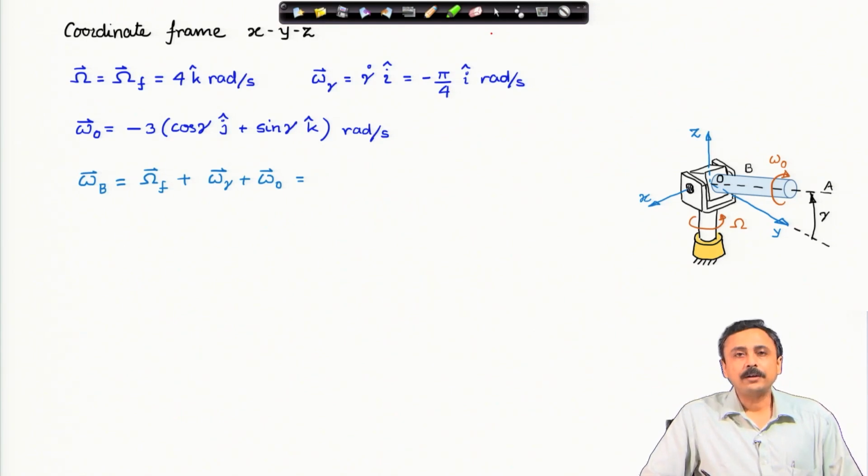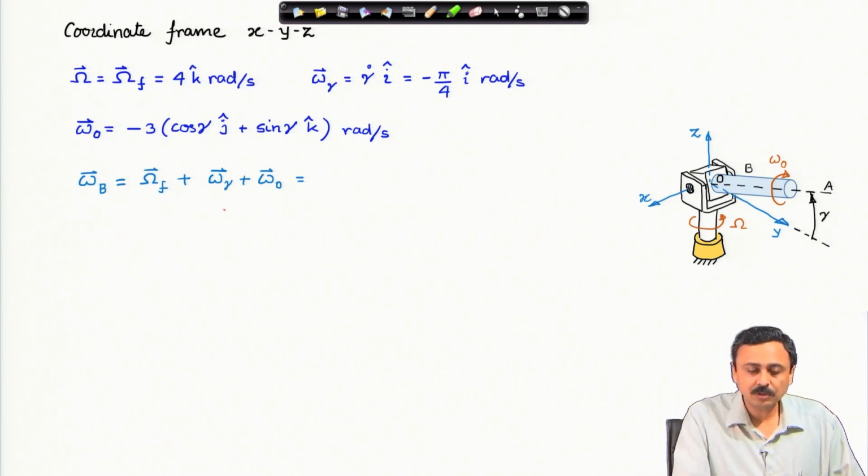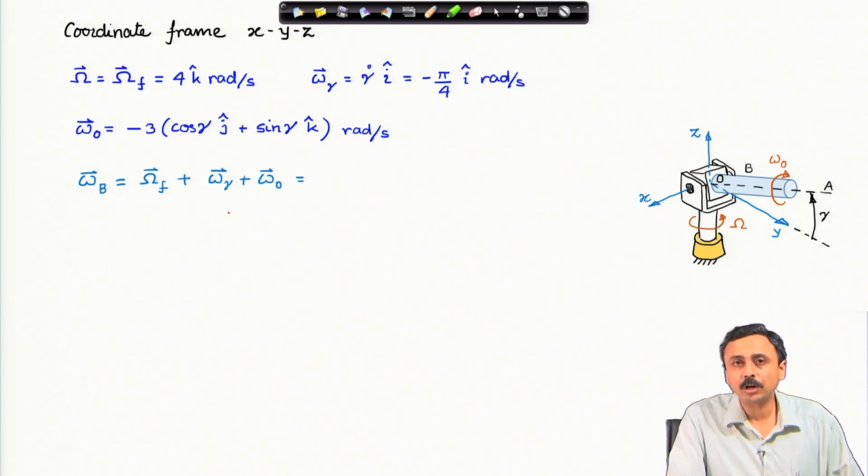Now, therefore, I can write the net angular velocity of the body B. Omega B is omega frame plus angular velocity with respect to the frame. With respect to the frame, there are two contributions, omega gamma and omega naught. Omega naught is the spin and omega gamma is the change of the rotation of the axis.